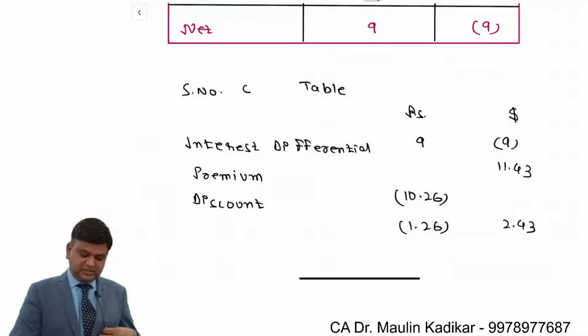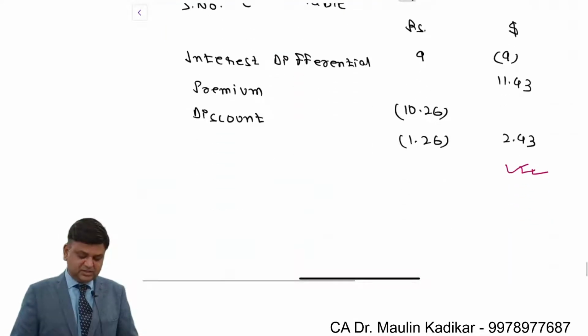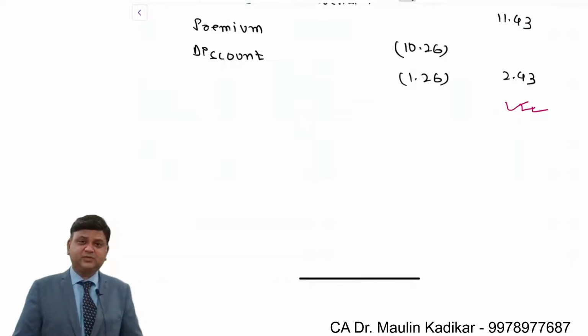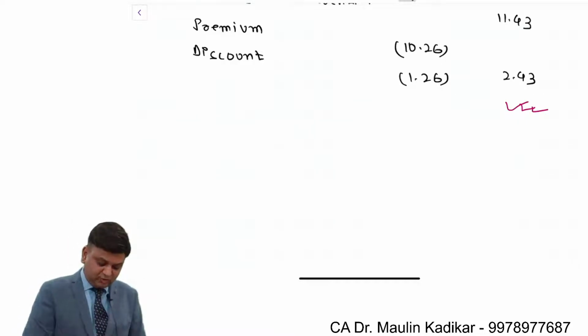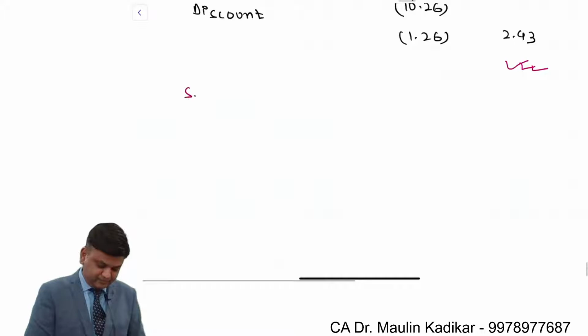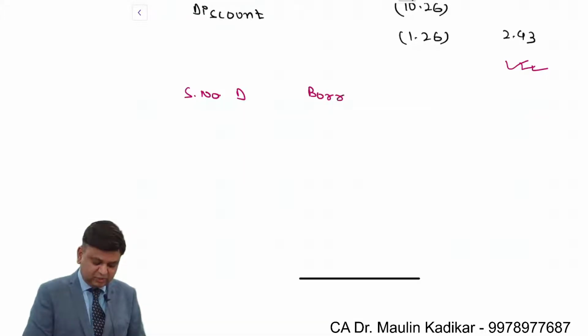So the answer is very simple, that you should make investment in dollar currency. And if you want to make investment in dollar currency, you have to borrow rupees. So step number D, in that you will have the conclusion like this: borrow rupees and invest in dollar.